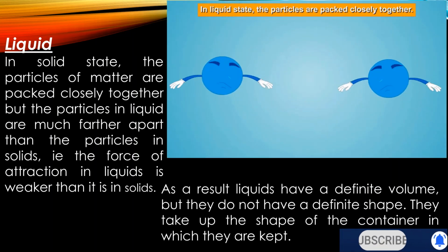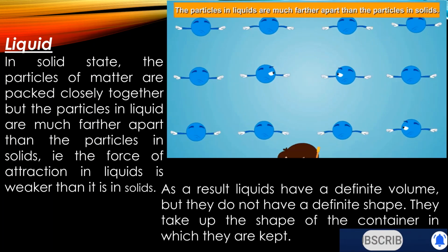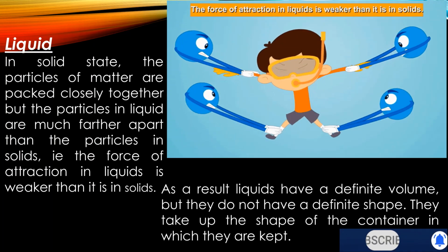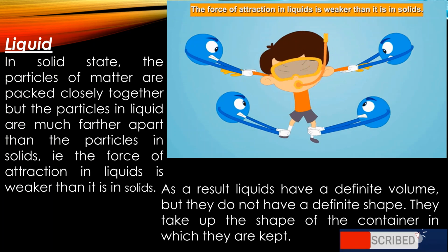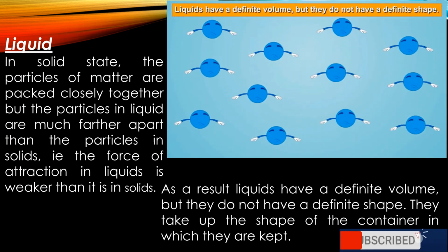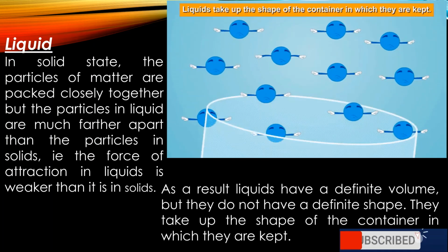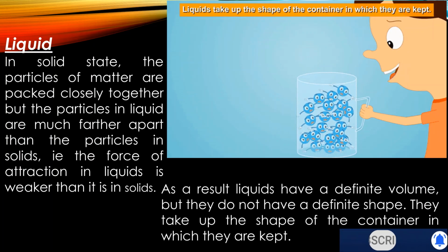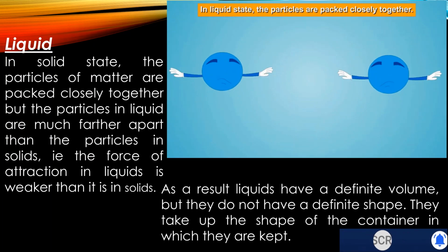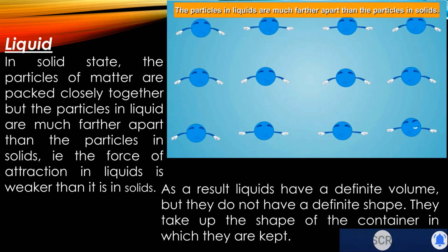So after solids, let's understand the second state of matter, that is liquid. In the solid state, we have seen the particles of matter are closely packed together, but in the liquid state, the particles are much farther apart than the particles in a solid. That is, the force of attraction in liquids is weaker than it is in solids. As a result, liquids have a definite volume, but they do not have a definite shape.